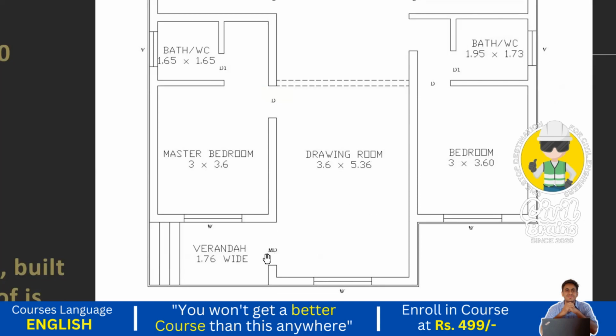Because the sizes of these doors are different, that's why we have given different notations. Here also for the windows, you can see W. If the size is different, then we can give it as W1. Here for ventilator we have given V. The sizes of the windows differ, and the sizes of the doors differ, because of that we are giving this notation.